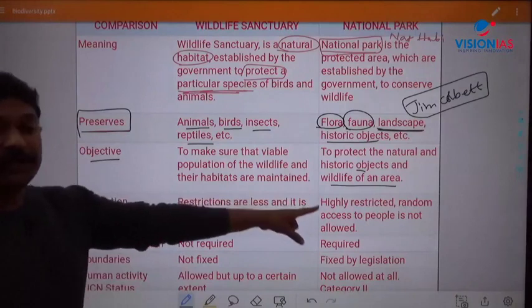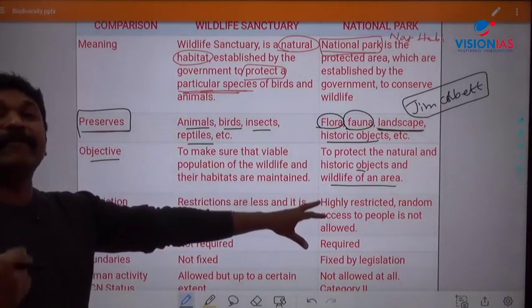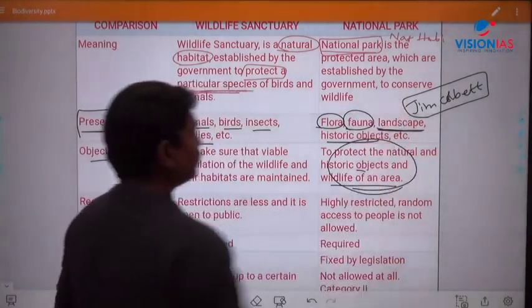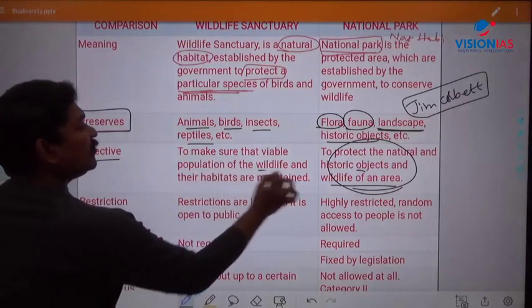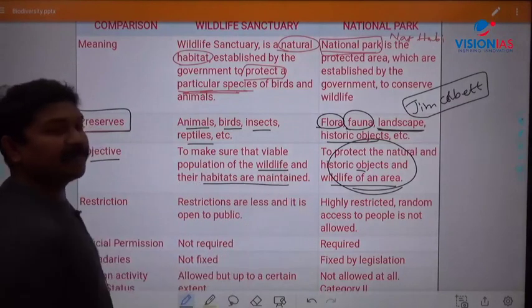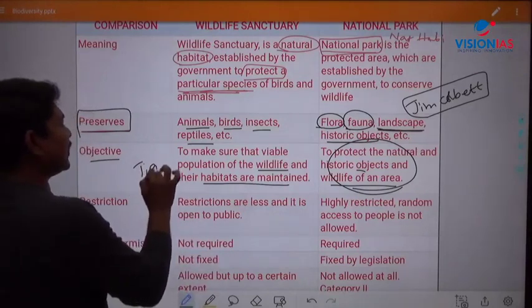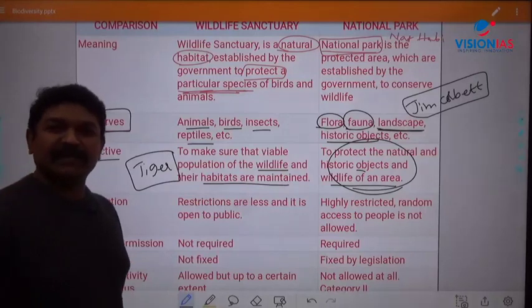This is the objective. The objective of the national park is to protect what? Everything. Whatever is given there, you need to protect. But here, only the viable population of the wildlife and their habitation are maintained. Say, for a species like the tiger, you need to check only the tiger that is present there.